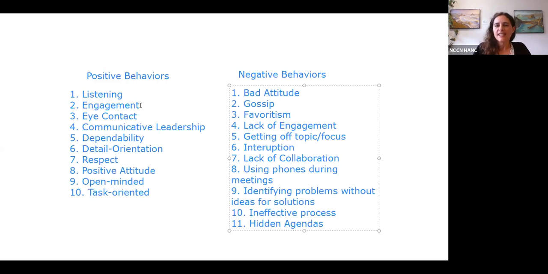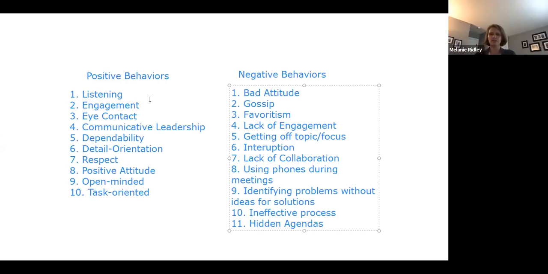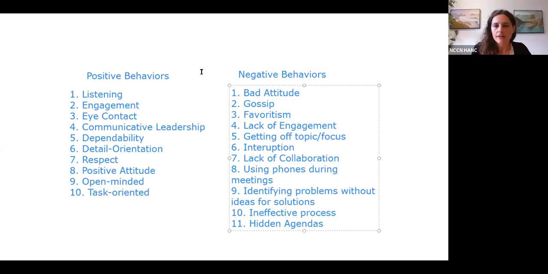All right. So the results for our poll show positive attitude coming in first, and then respect coming in second, and then third, engagement, so team engagement. Are you able to share those results? Oh, sorry. Can we see them now? Yep. Wonderful.